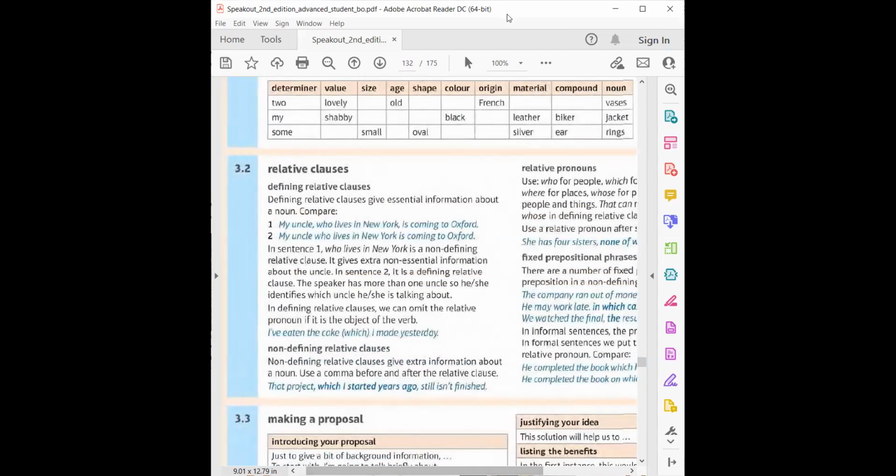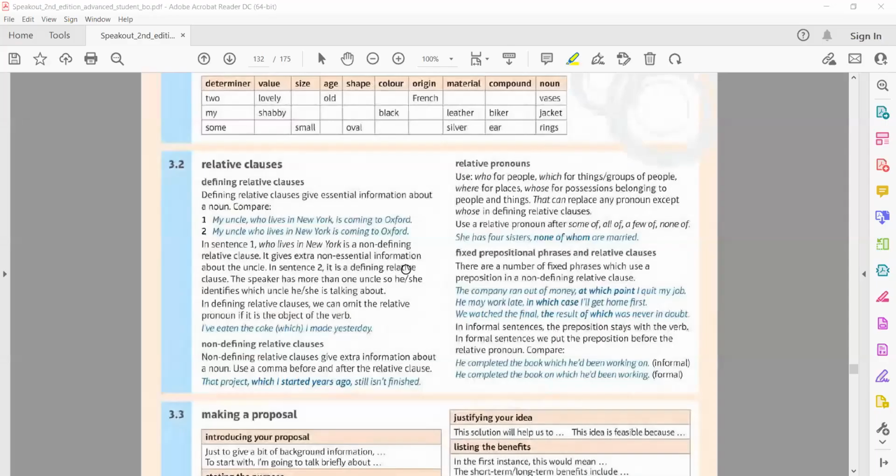All right, so today's lesson is all about relative clauses. And while working on relative clauses, we'll work on relative pronouns as well. And you'll see how fixed prepositions and prepositional phrases can come with relative clauses.